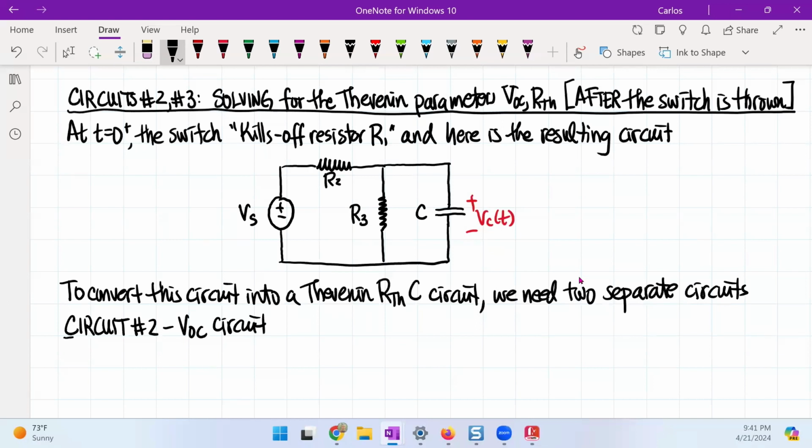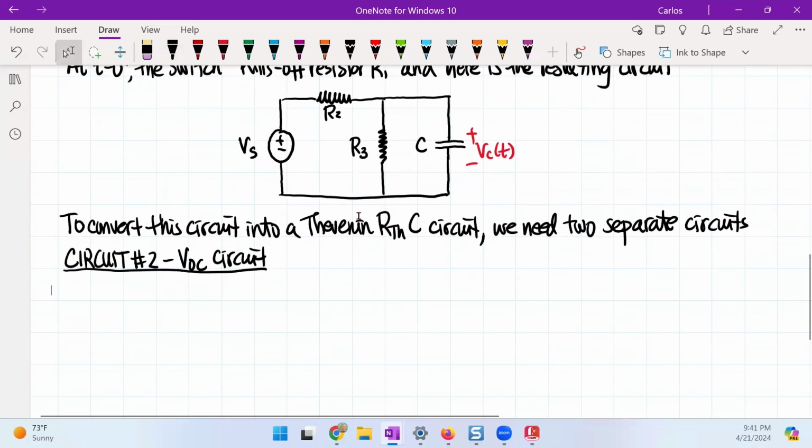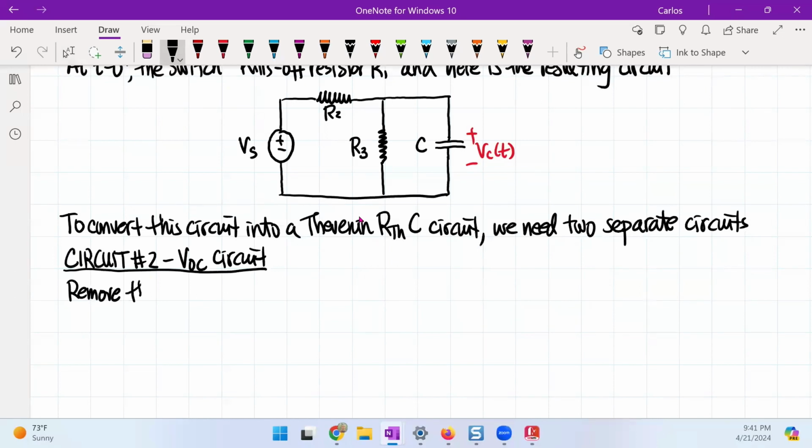And this is the one that we're going to look at here. I'm going to remove the load, right? The practice here is that you remove the capacitive load and calculate VOC.